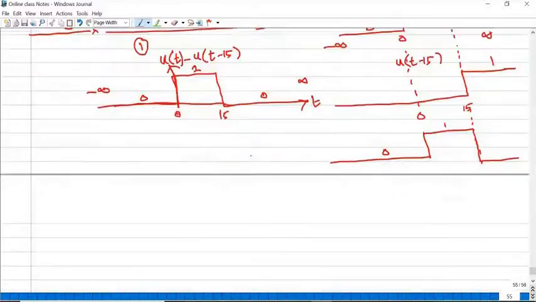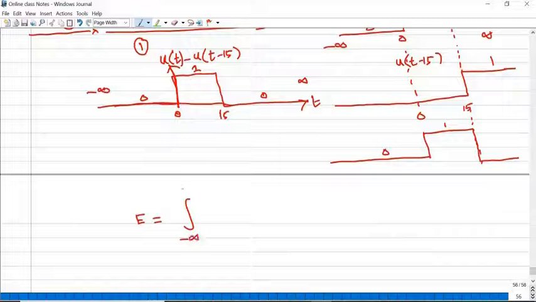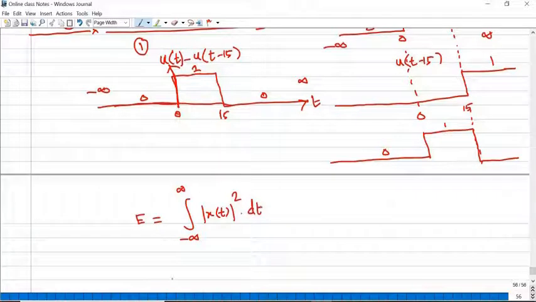What is the formula to calculate energy of the continuous time signal? Energy: limit T tends to infinite, integration from minus T to T, or from minus infinite to infinite directly you can substitute, modulus x of t square dt. This is the generalized formula.